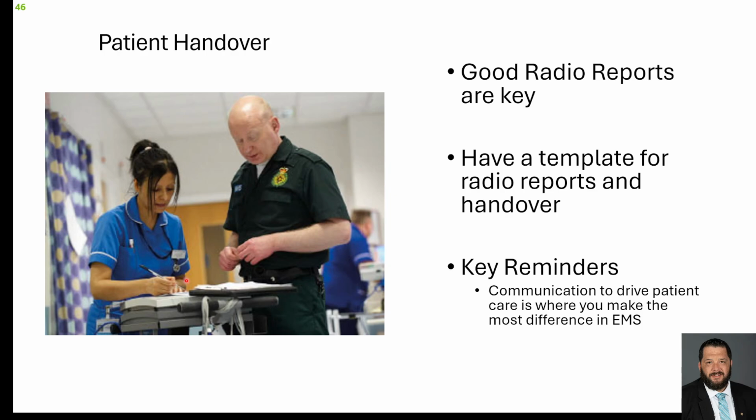Upon our arrival, the patient was responsive to verbal stimuli, complained 10 out of 10 chest pain. We've administered 324 milligrams of aspirin and assisted with 1 sublingual nitroglycerin. The patient is now alert and complaining that his pain is a 6 out of 10. And then your ETA. Okay, then we expect to be there in 10 minutes. Okay, that's the general format for how you're going to do that.